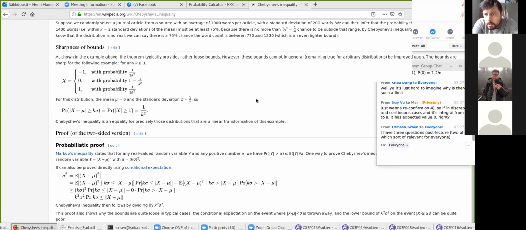Discrete and continuous case, and the integral from -a to a has expected value 0. Someone asked me this: if we have a continuous case which is symmetric, meaning that the density function is symmetric around 0, what we call an even function, meaning that f at -x equals f at x.